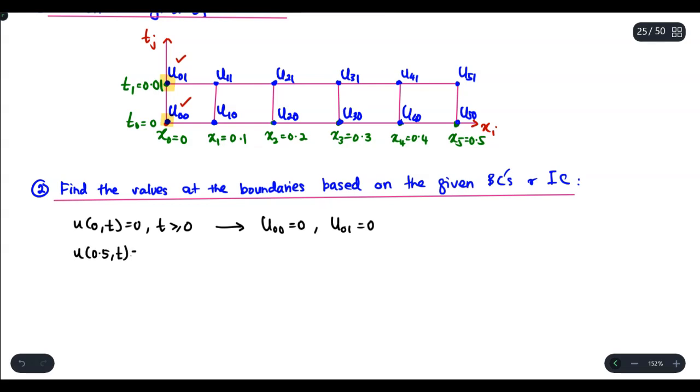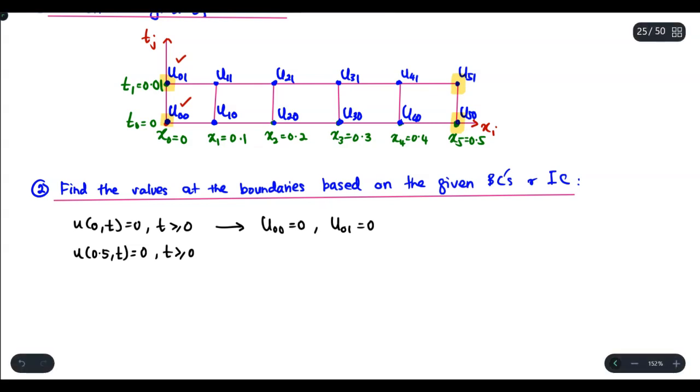Then you also have the condition u(0.5,t) equal to 0 for t greater than or equal to 0. Again, we need to find the nodes where the x value is 0.5. Based on the grid, x5 equals 0.5, so we have two nodes, u50 and u51.